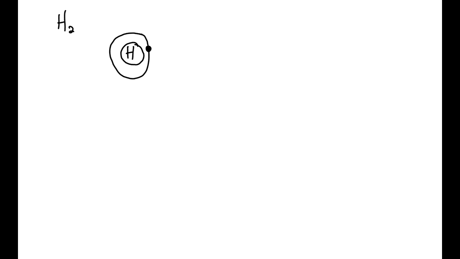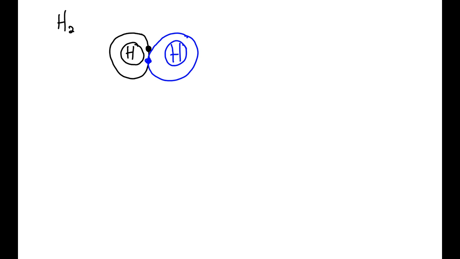So, for H2, what it'll do is it will position itself, this is a very bad diagram, so that it will overlap, so that those 2 valence electrons are actually right between the 2 nuclei, right?